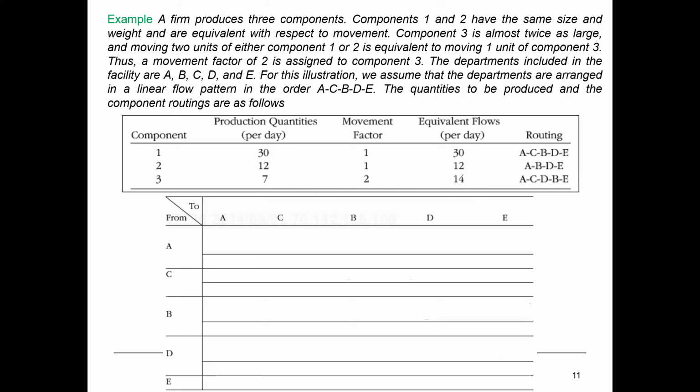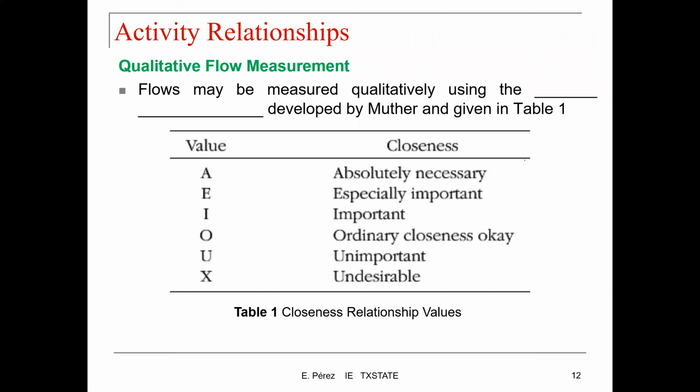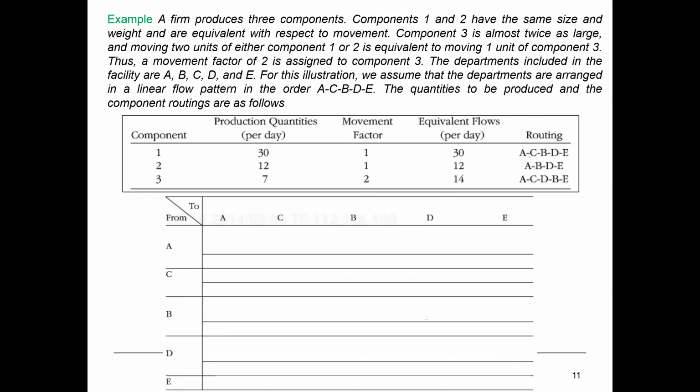Component 1 goes from A to C first. So I'm going to go here and say, okay, from A to C, number 1, the flow is going to be 30. So you're moving 30 units per day from A to C. Then you move those 30 units from C to B. So C to B is also 30.